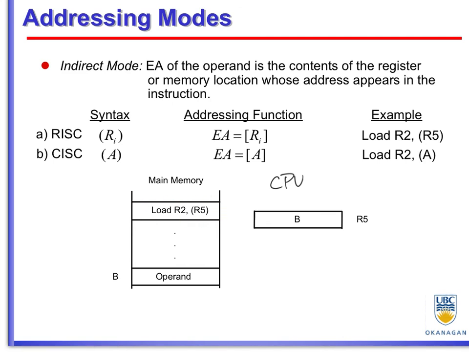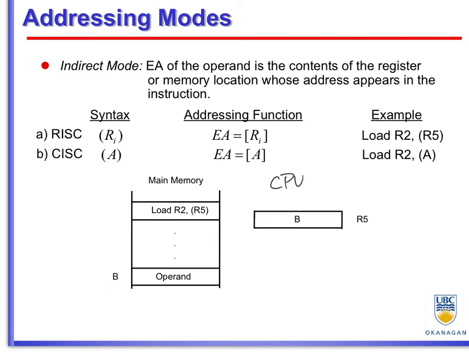This is our instruction stored in memory as well, okay? We're going to load whatever number is stored at the address that is currently inside of R5. R5 contains this address, B. Okay, it's really a sequence of zeros and ones that refer to a particular address in memory here.